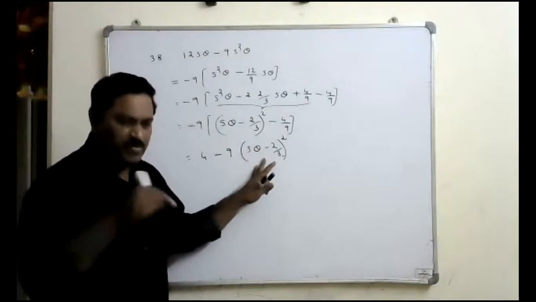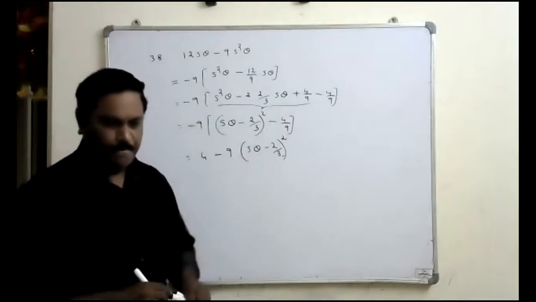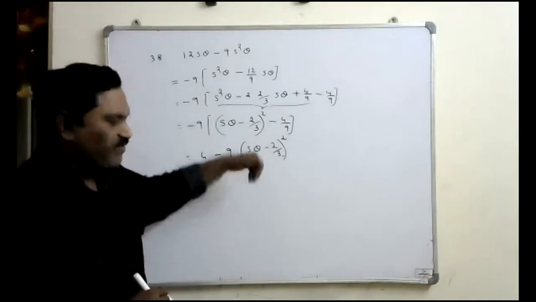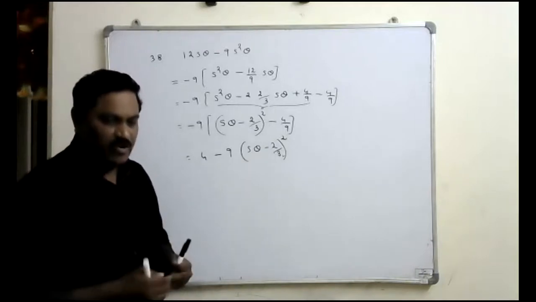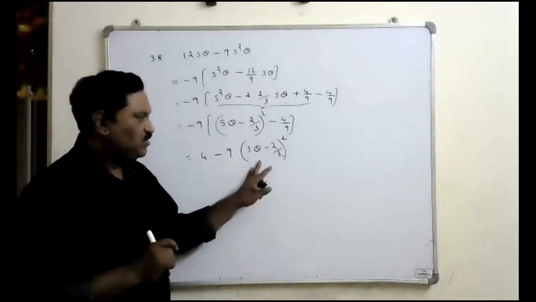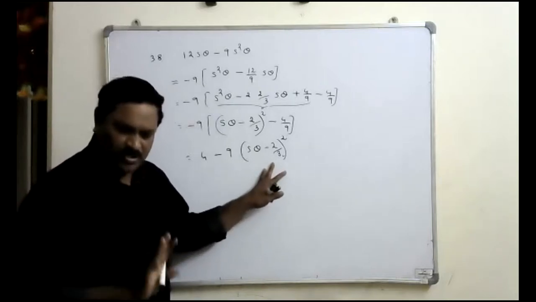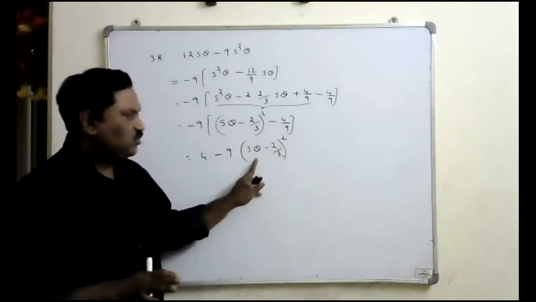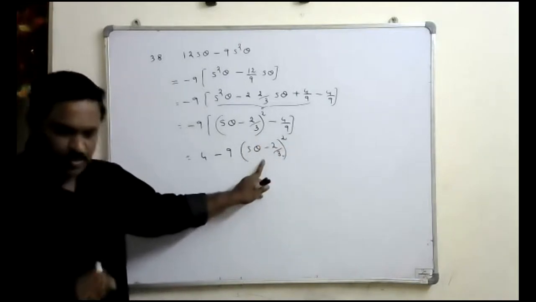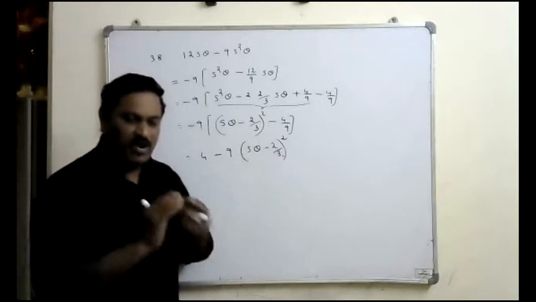Then what is the minimum value of this expression? The minimum value of a perfect square is 0, because this perfect square will give either 0 or a positive value only. It never gives a negative value. That's why the minimum value is 0.